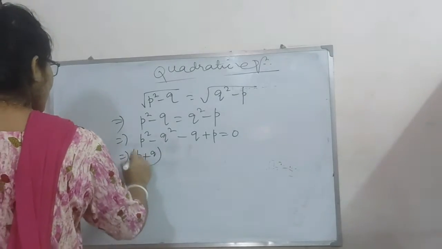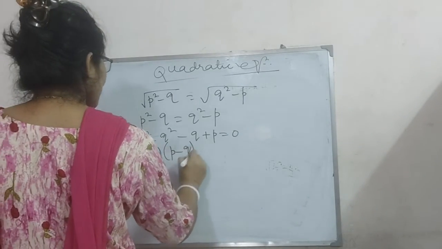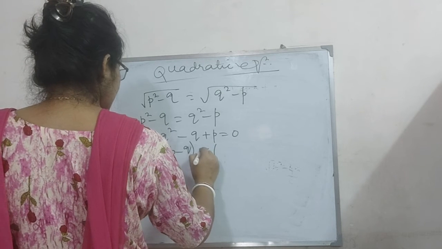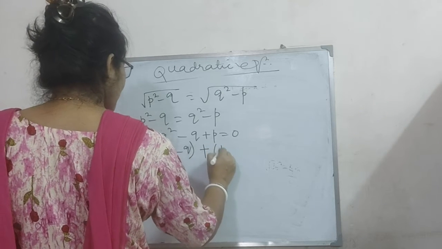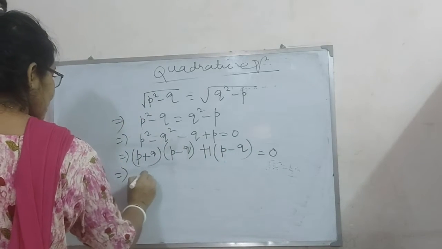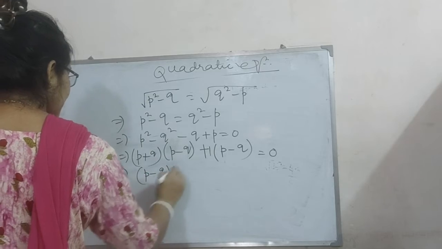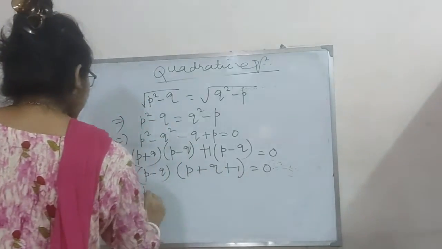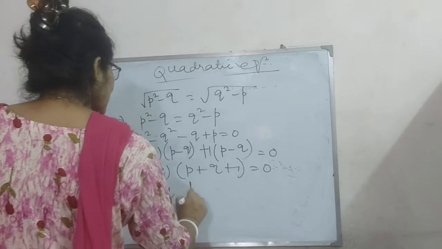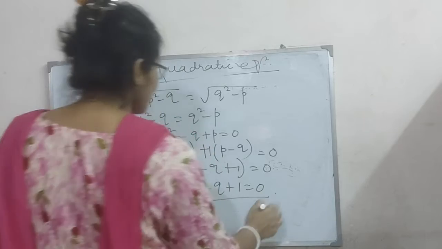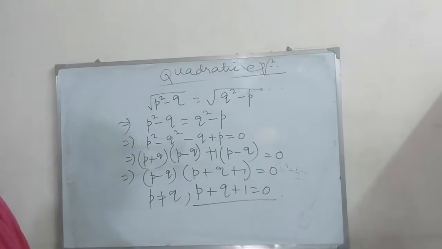P plus q, p minus q, plus p minus q common, p minus q into p plus q plus 1 is equal to 0. Here p not equal to q, so p plus q plus 1 equal to 0. We have to prove it, and hence proved.